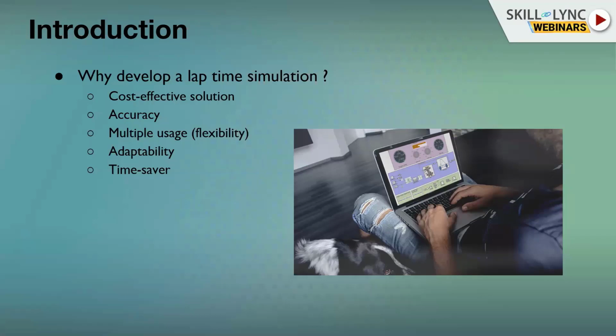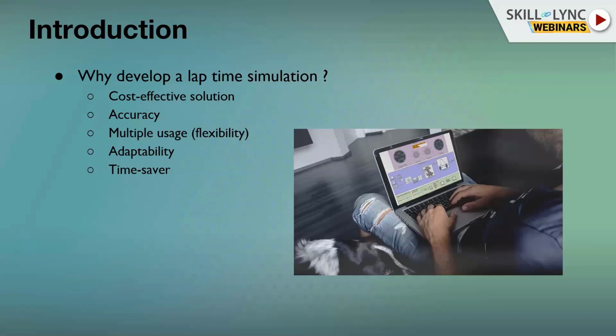It's flexible because you can create everything. It's also adaptable. For example, if you are a motorsport team running formula cars or prototypes or rally cars, it's adaptable to every car, because the equations of physics remain the same.